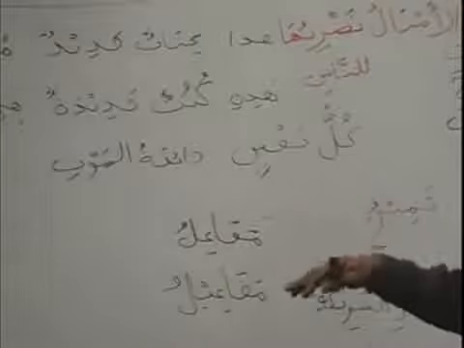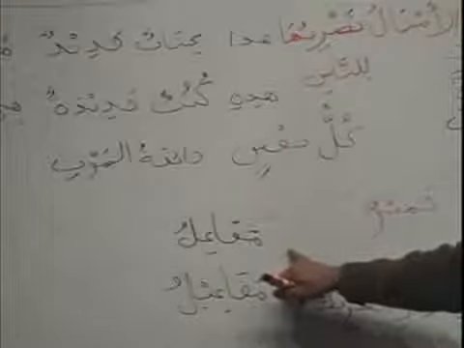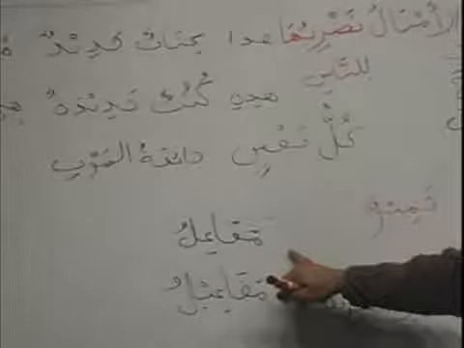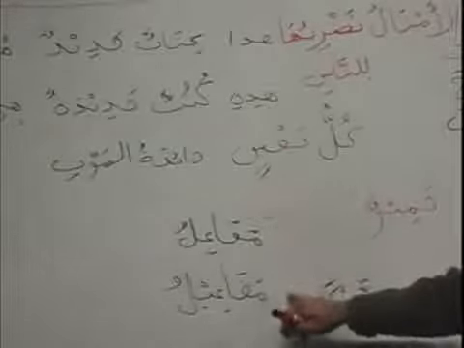Again we did diptote, but in great detail. And we were emphasizing that this pattern in the plural, mafa'ilu and mafa'ilu, is diptote. Soon we'll be doing that lesson, not too far away in the future.